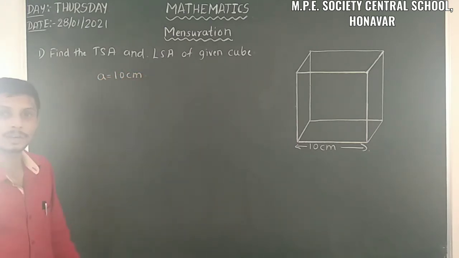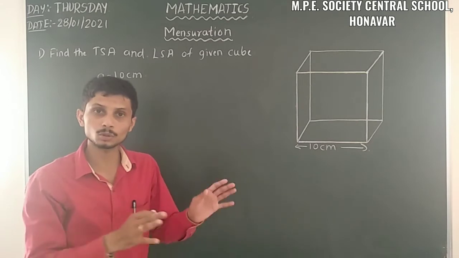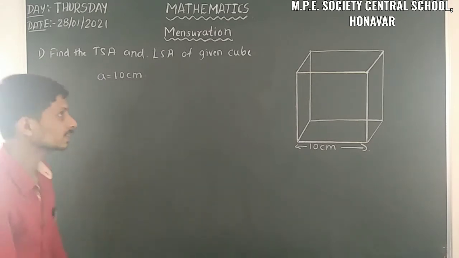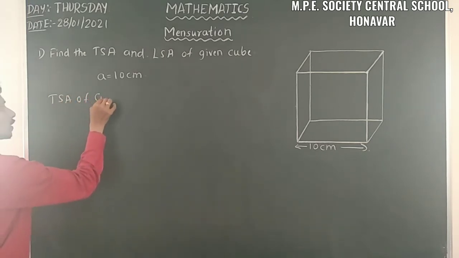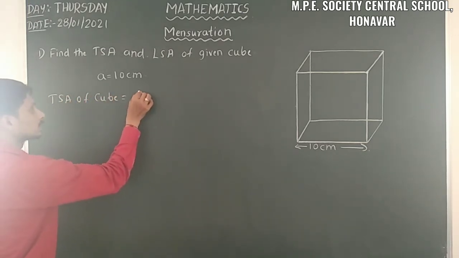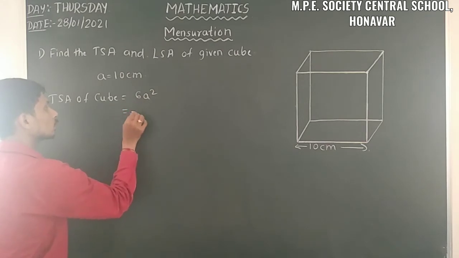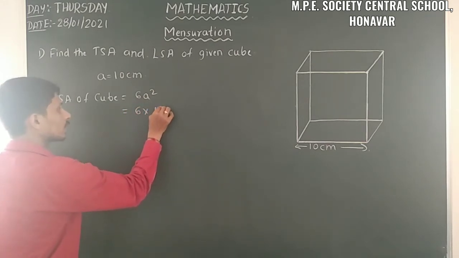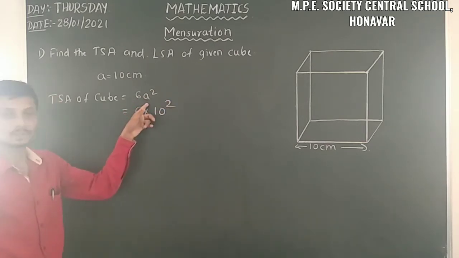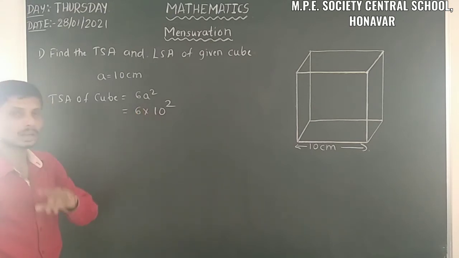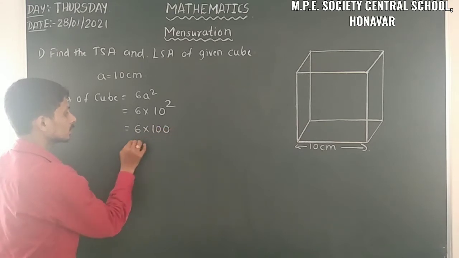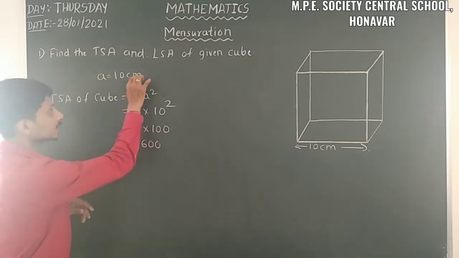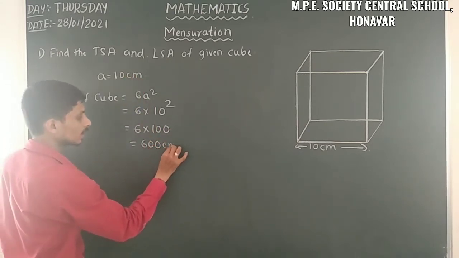Using that we have to find out the TSA and the LSA, that is total surface area and lateral surface area. Total surface area of cube is equal to 6A square, which is 6 into 10 square. In place of A we substitute the value 10, so 6 into 10 square, which is 100, is equal to 600. It is centimeter, that's why we take centimeter square.